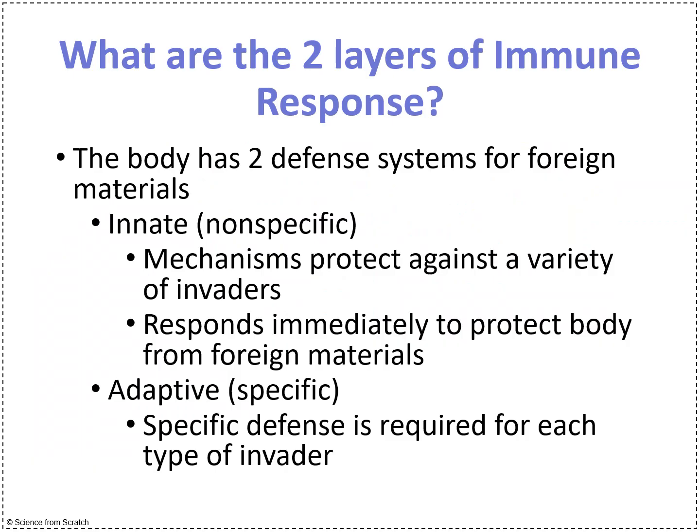So the body has two defense systems for fighting and protection against foreign materials. There is a non-specific defense system and a more specific defense system. The non-specific defense system is known as the innate immune system. And this system will basically just go after everything.